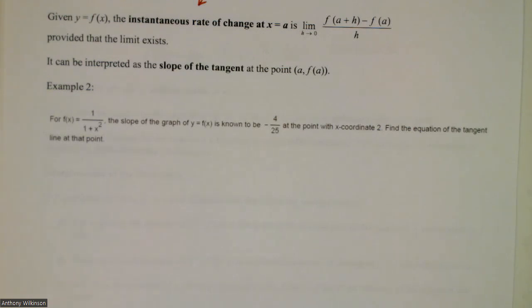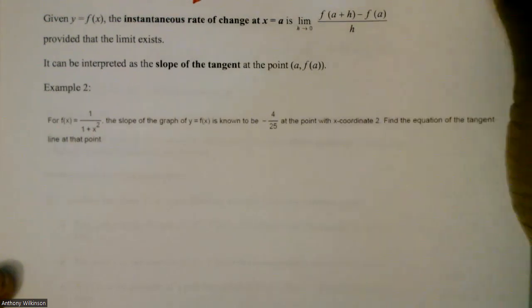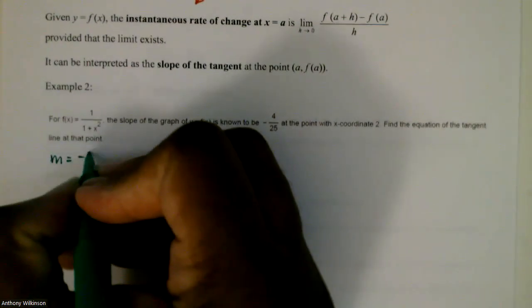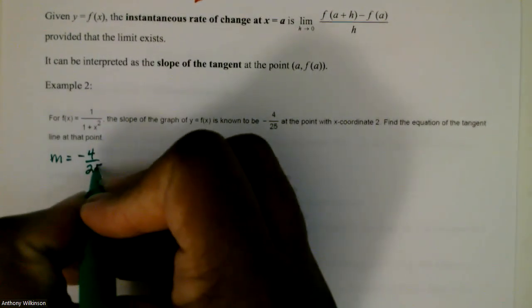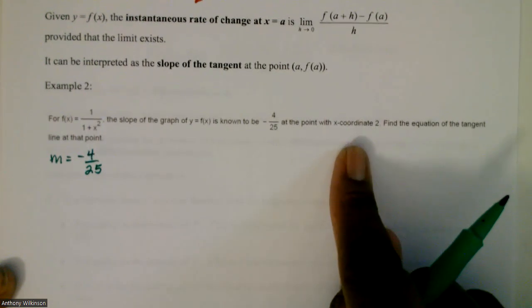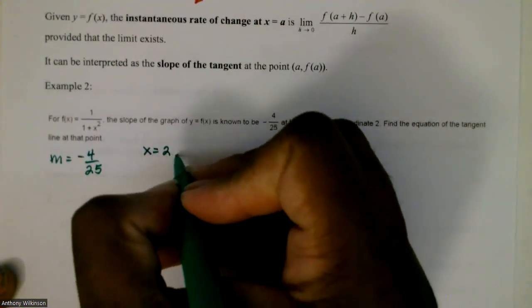So here's what we already know: the slope m is negative 4/25, and the x coordinate is 2, that would mean x has to be equal to 2.